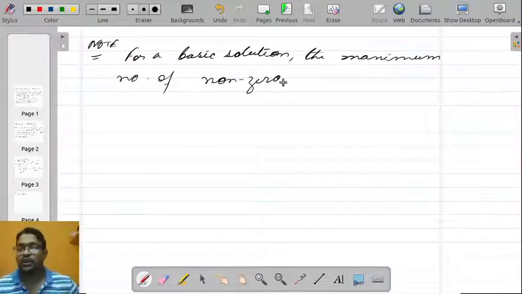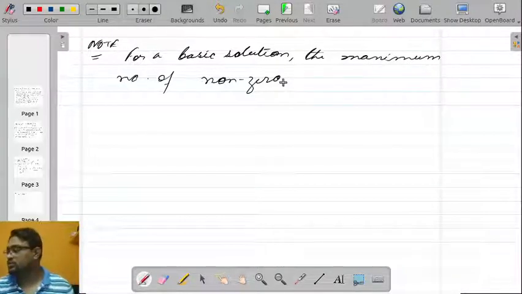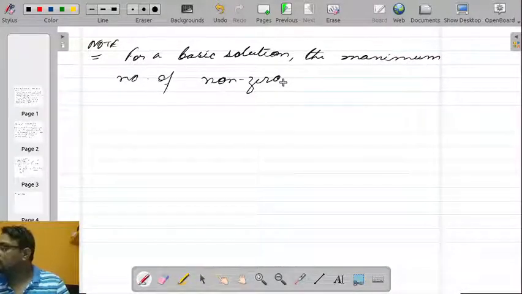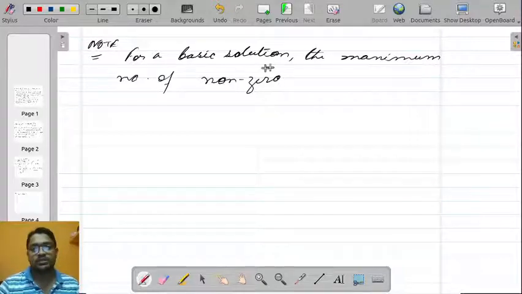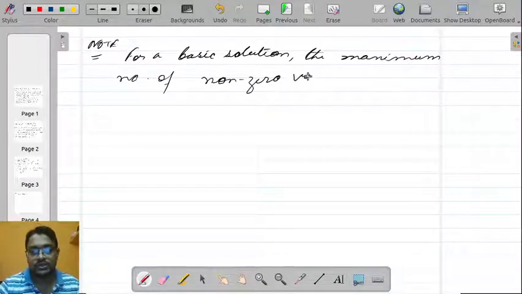There cannot be more than m non-zero variables, because we have already taken n minus m variables to 0. Thus the basic solution has at most m non-zero variables. So for a basic solution, the maximum number of non-zero variables in the solution is m.